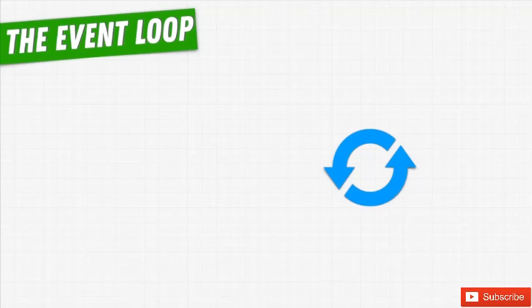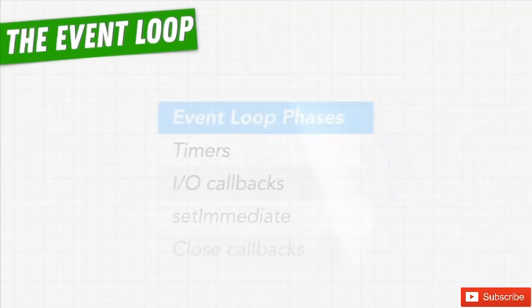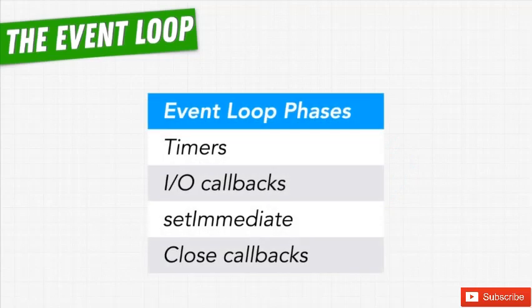Whoa, what's this phase idea that I just introduced? Each phase of the event loop is responsible for different types of operations. There's 4 main phases of the event loop.